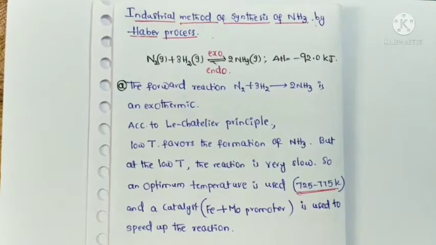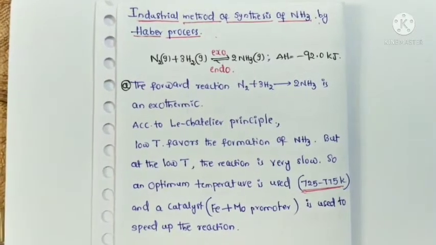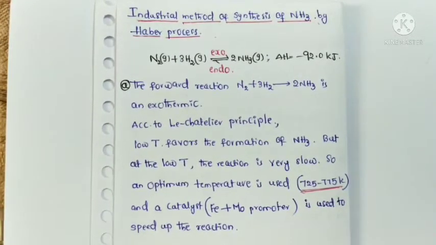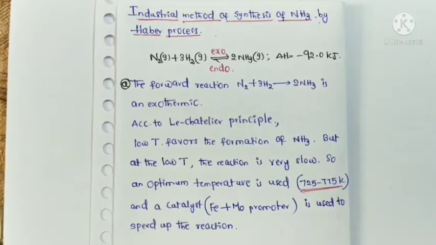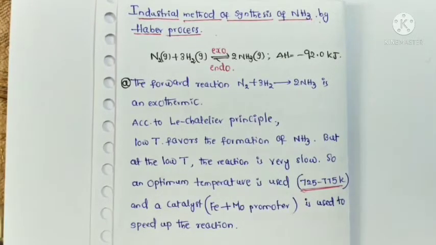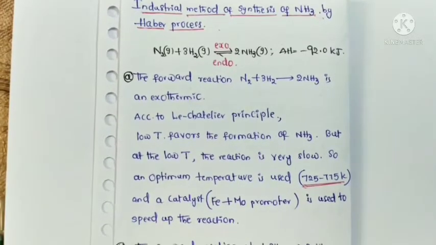Next, Le Chatelier principle applications. Generally, the Le Chatelier principle is applied in industrial methods, because in industry products are made in large quantity, on a large scale. In that situation, optimum conditions, meaning comfortable conditions, are preferred in industrial methods. By using the Le Chatelier principle, we can determine the optimum conditions for reversible reactions.